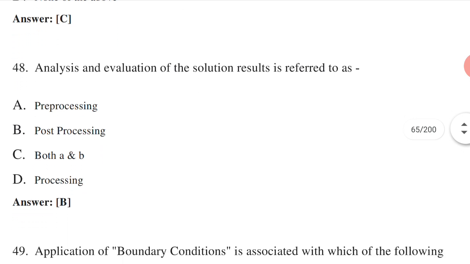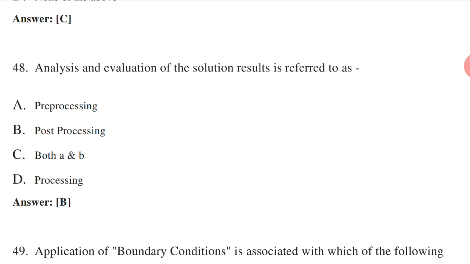Analysis and evaluation of solution result is referred to as... So, analysis and evaluation of the solution. We know that after solution there is a phase called post processing, in which we find the traces and the graphs of the induced stresses, and we can have these contour plots.